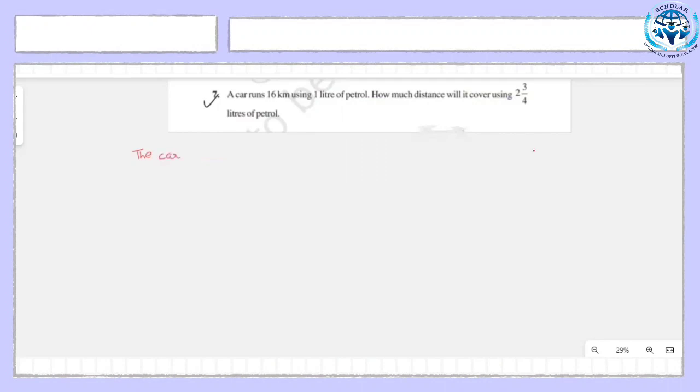Question number 7. A car runs 16 km using 1 liter of petrol. How much distance will it cover using 2 3 by 4 liters of petrol? The car consumes 1 liter of petrol to run 16 km. Therefore, it will run x kilometer, consuming 2 3 by 4 liters of petrol.